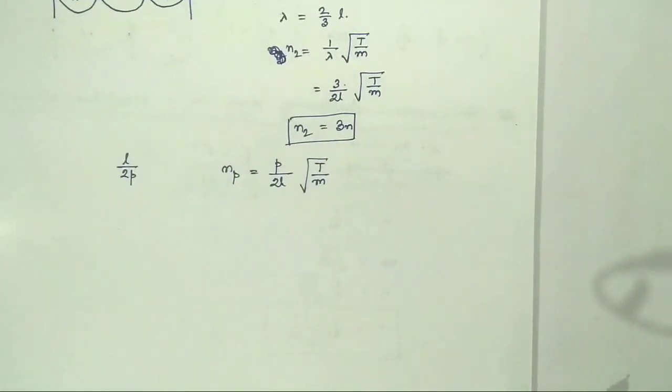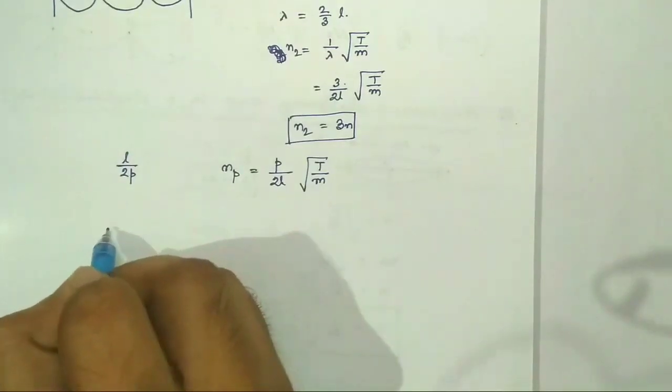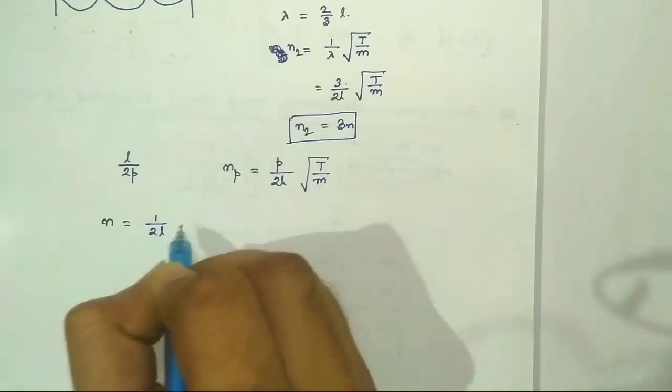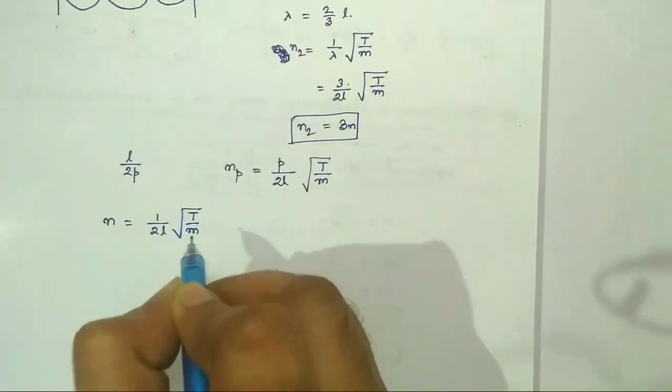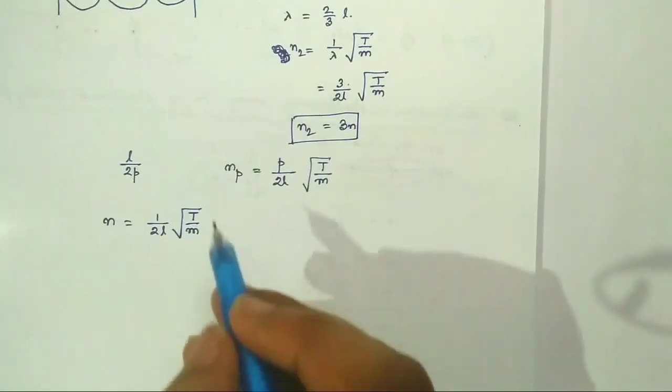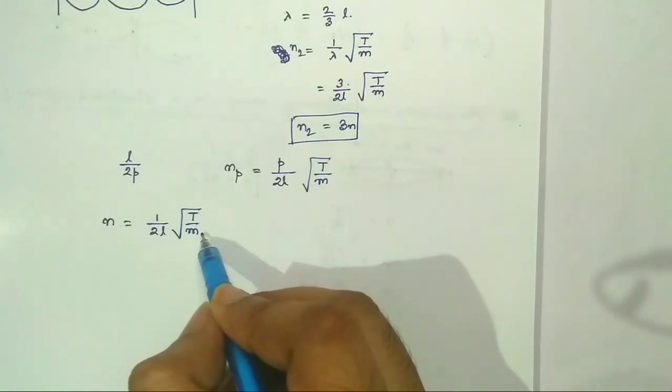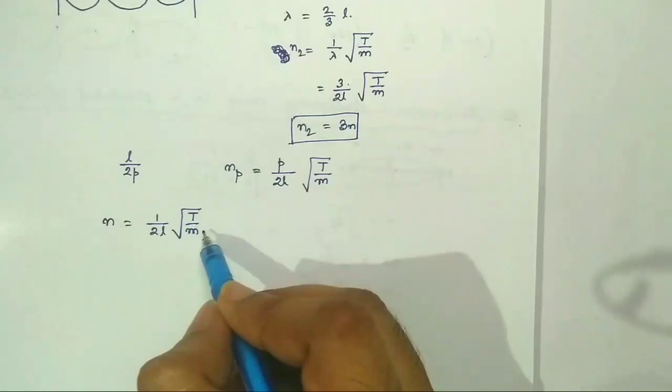Okay, now we know the frequency is given by N equal to 1 by twice L root under T by M, where T is the tension in the string and M is the mass per unit length.